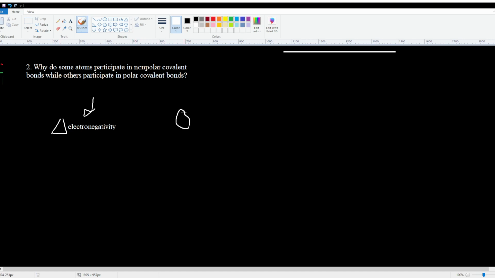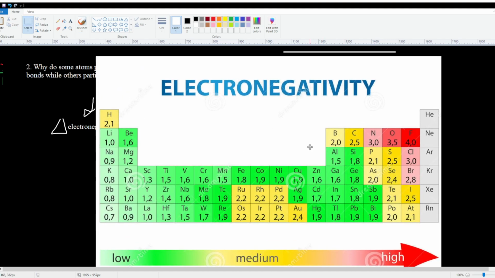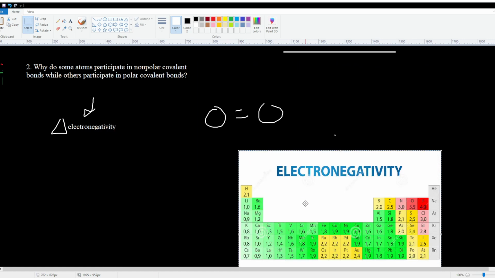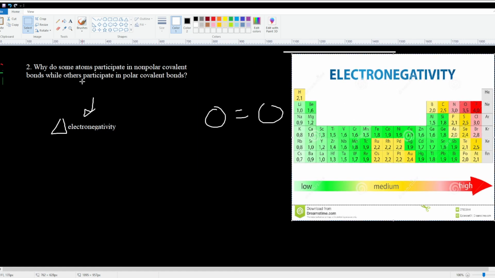We could pull up the electronegativity chart again. If we take the same element, like oxygen bonding with oxygen, the difference is going to be zero, so this would be nonpolar covalent.